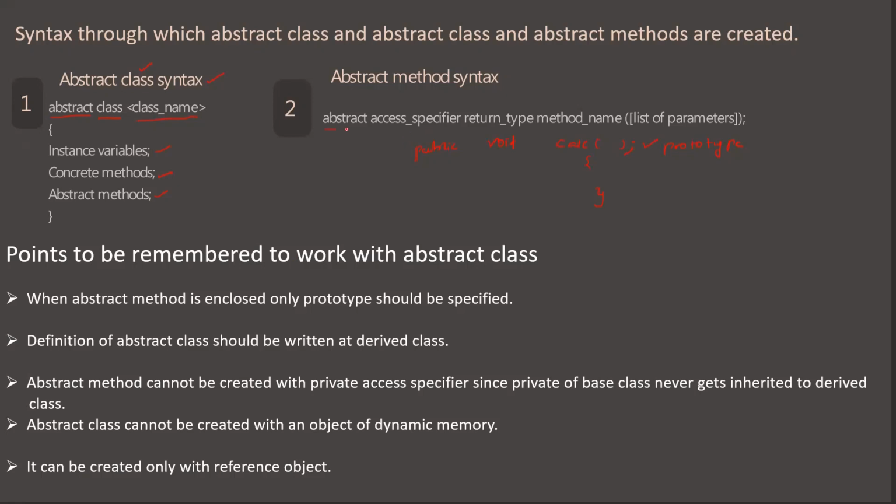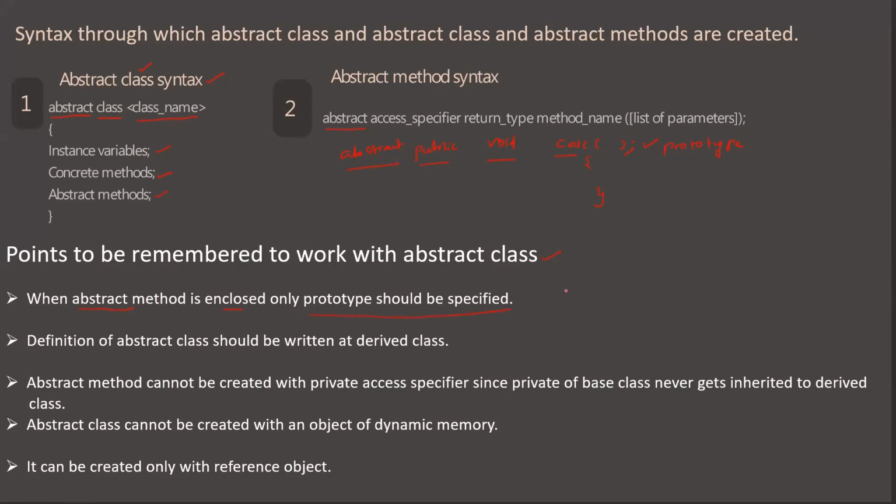Now here we have the abstract keyword attached to it, so it becomes an abstract method: abstract, access specifier, return type, method name, list of parameters. Now there are some points to remember when working with abstract classes. When an abstract method is enclosed, only the prototype should be specified.